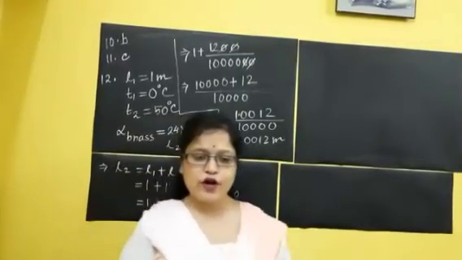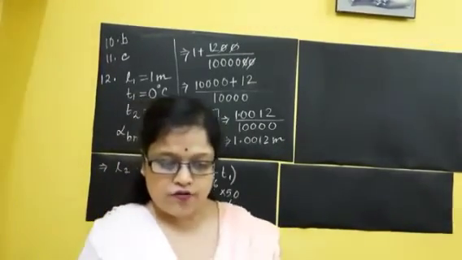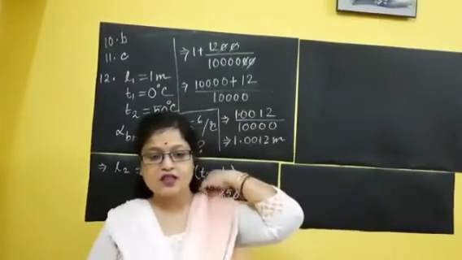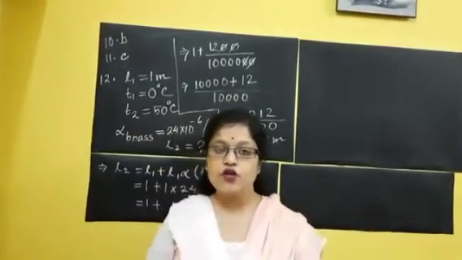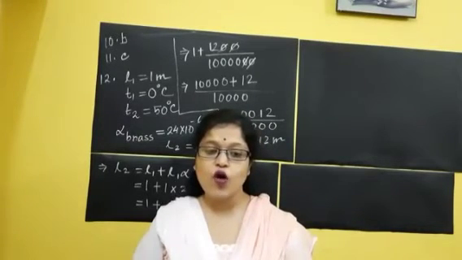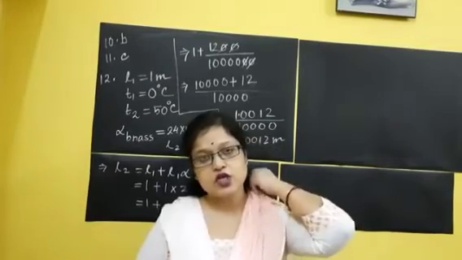Now I am proceeding for SAQ and LAQ part. First question: even if the unit of length is changed, say meter or inch, the numerical value of alpha will remain unchanged.